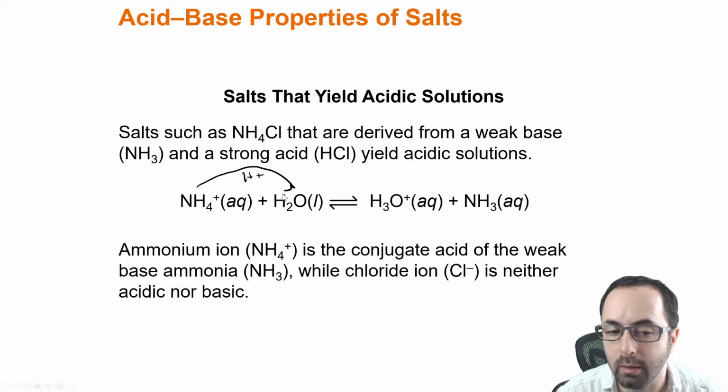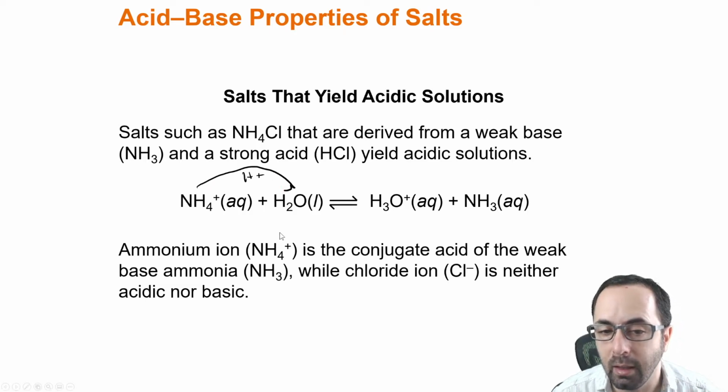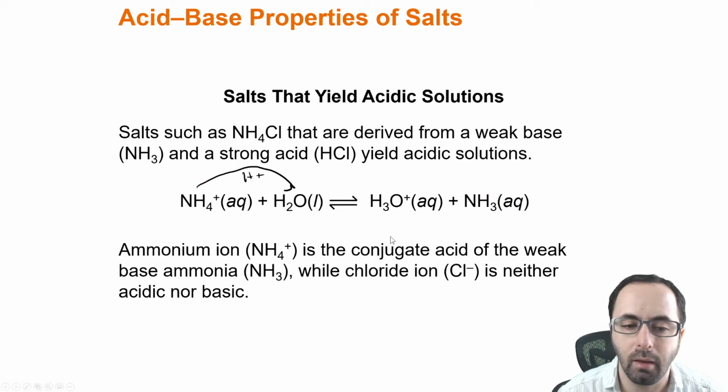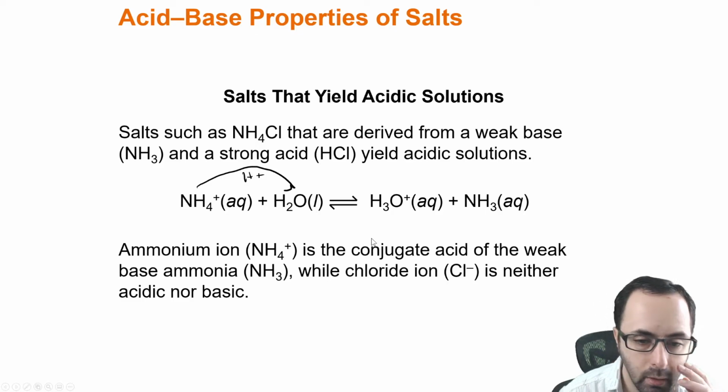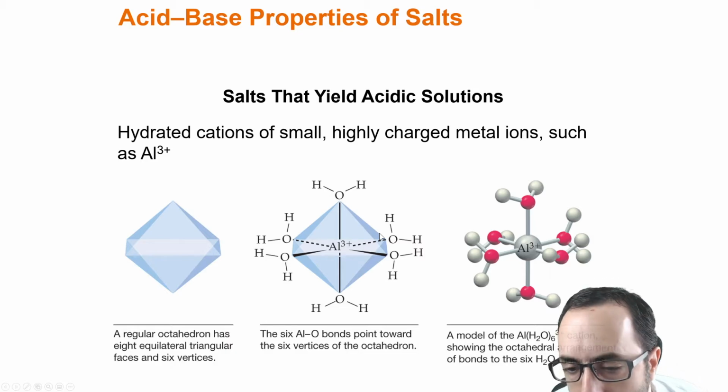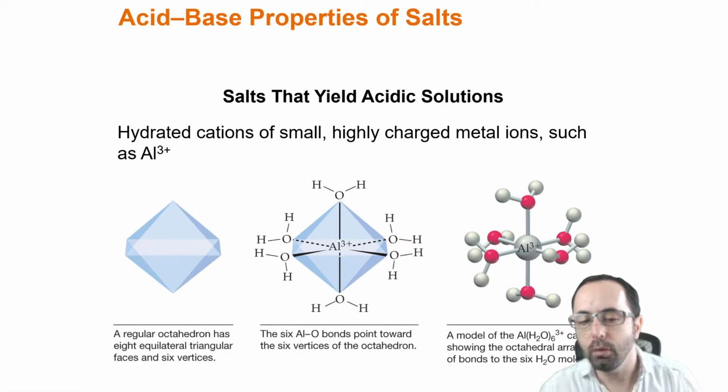So that ammonium ion can give up some protons and behave like an acid. So any protonated nitrogens here, protonated meaning they have a proton attached, the conjugate acids of weak bases like ammonia will form acidic solutions.